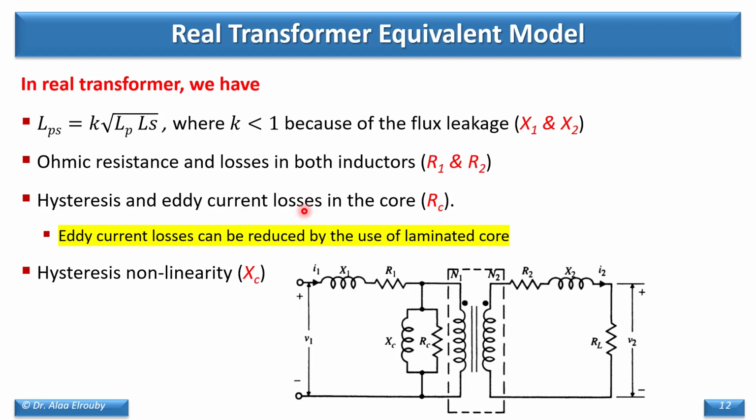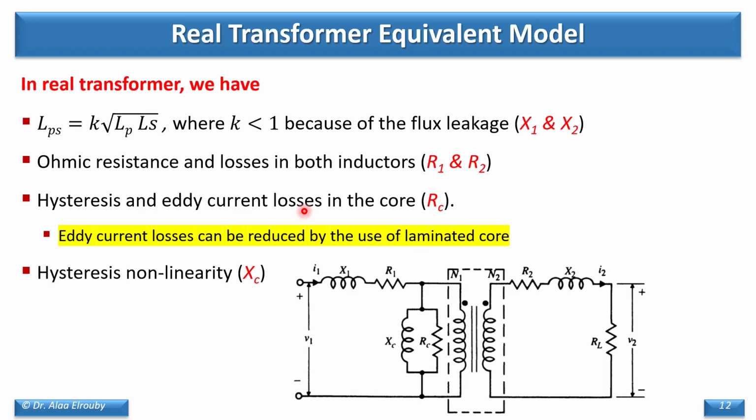In the magnetic material lectures, I think lecture number 4, we talked about the hysteresis losses. When we magnetize and demagnetize, or change the direction of magnetization, there will be some losses, and it's called hysteresis or residual losses.